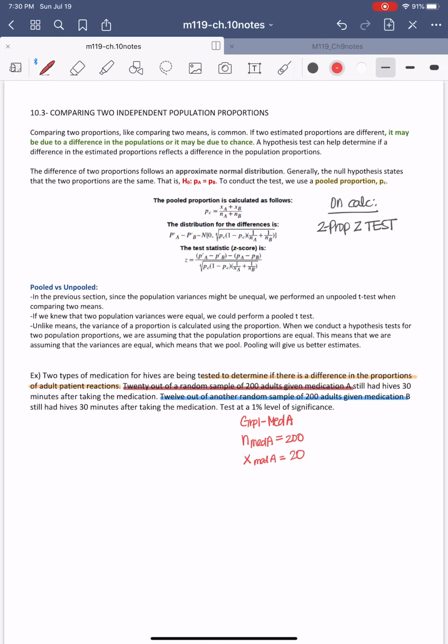That's 20, so your P hat will be 20 out of 200. Group 2 is medication B. And then you have N equal to medication B, which is sample size still 200. Now this time your X value is 12 out of 200. So P hat of medication B will be 12 out of 200. Okay.